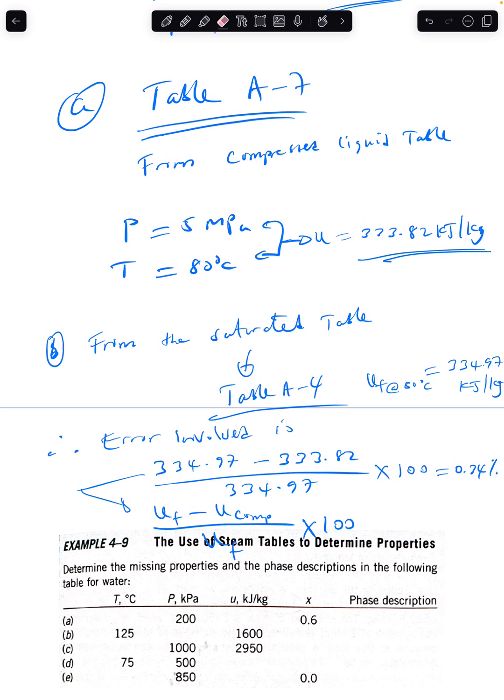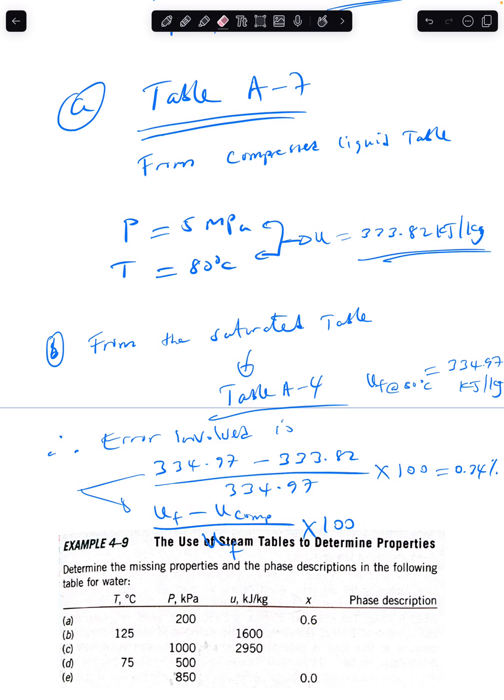We get that by looking at the difference between the internal energy for saturated liquid, which has a high heat content, and the internal energy for compressed liquid, which has a low internal energy, over the internal energy for saturation, times 100.